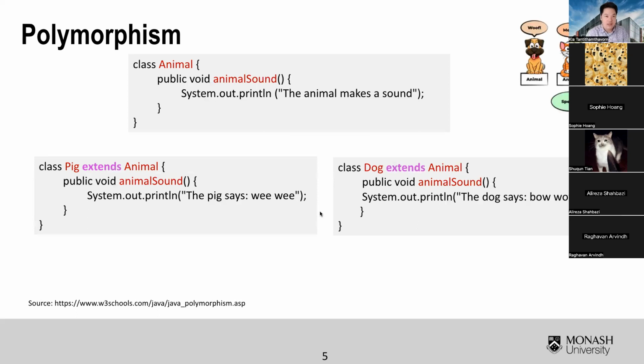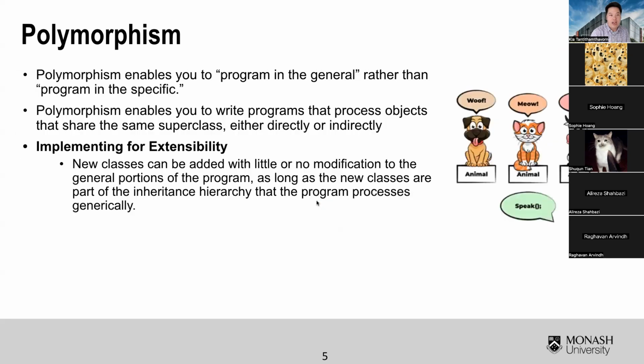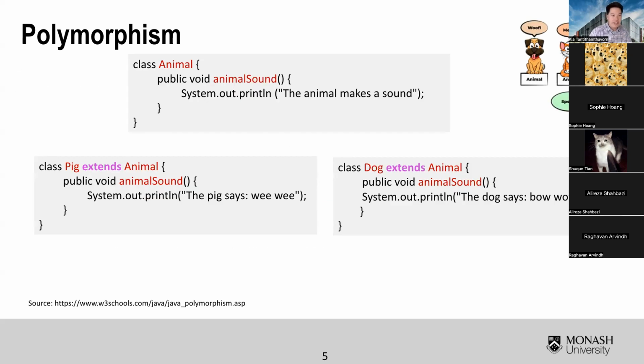That's polymorphism again, right? In the animal example, as I mentioned before, we have this one as a base, and the operation animal sound will return that the animal makes a sound, but this is a general sound for every animal.